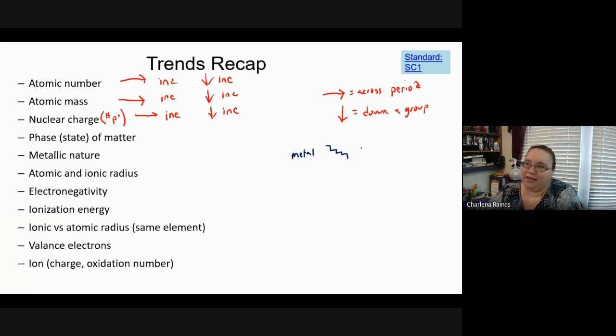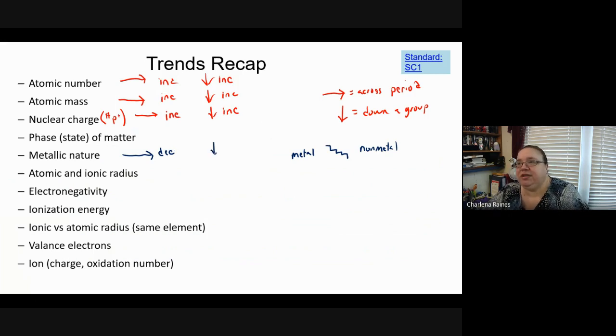And then on the right side of that staircase, we've got our non-metals. So though this is not explicitly on our periodic table, if you can remember where they're located, you can infer the trend. So as I'm going across the periodic table, that's the easy one to see. I can see that I am getting less metallic. We're going from a metal to a not metal. So therefore, my metallic nature is decreasing.